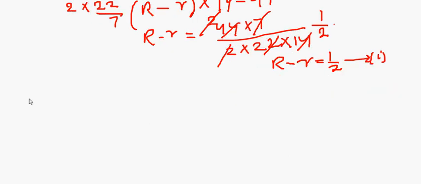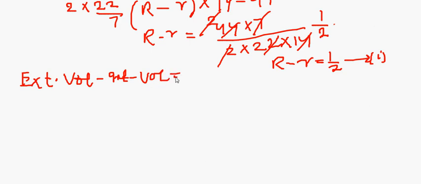So it is external volume minus the internal volume, that is given as 99 cubic centimeters. We don't need any conversions, they are all in centimeters.